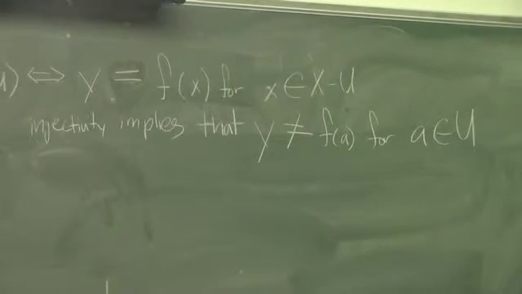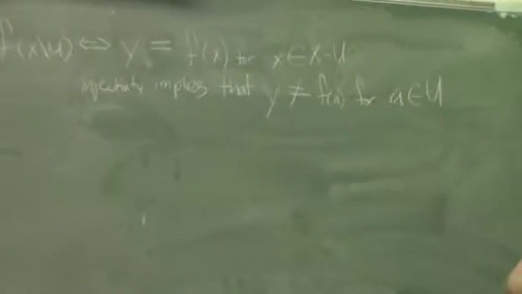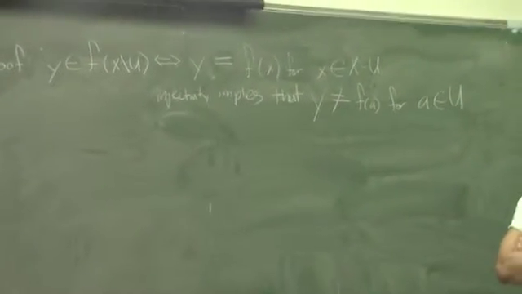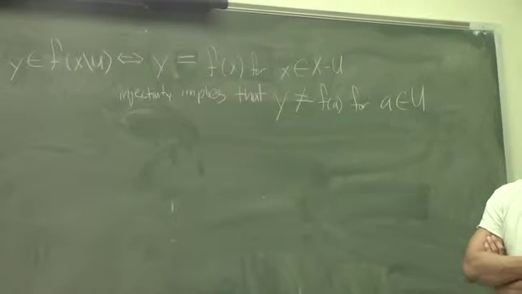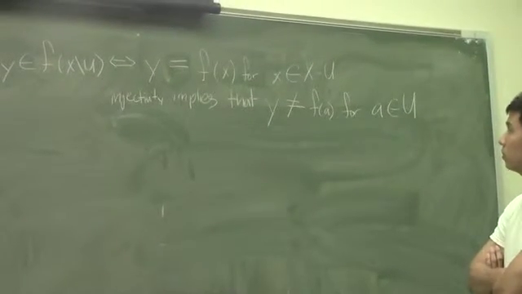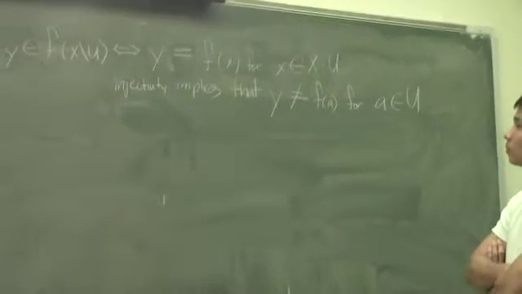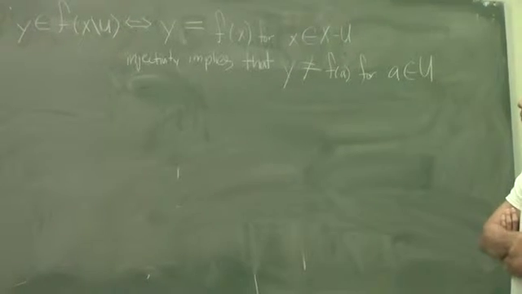Right? I mean, this y is the image of an element in X minus U. It cannot be at the same time the image of an element coming from U, because then you would have two different elements mapping to the same y, right? Okay.